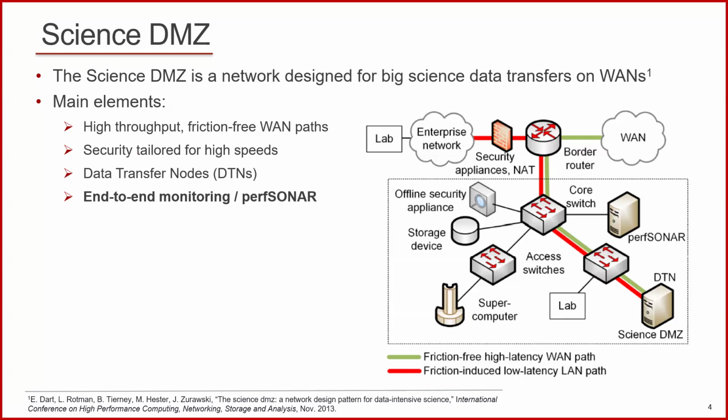The last component of ScienceDMZ is perfSONAR, or end-to-end monitoring, which is typically performed using perfSONAR. perfSONAR makes sure that the ScienceDMZ architecture is working as it's supposed to. So we will always be verifying the throughput, the RTT, and so on. We'll be discussing more about perfSONAR in the later slides.